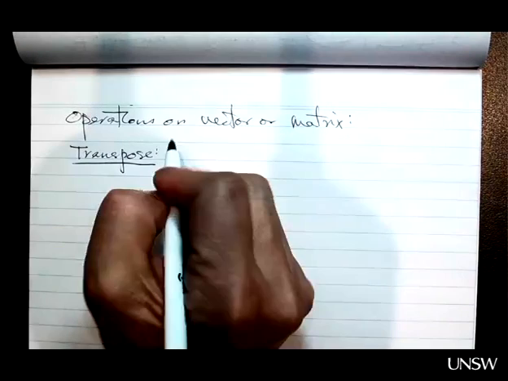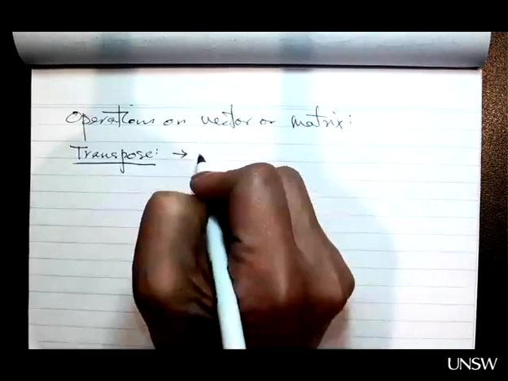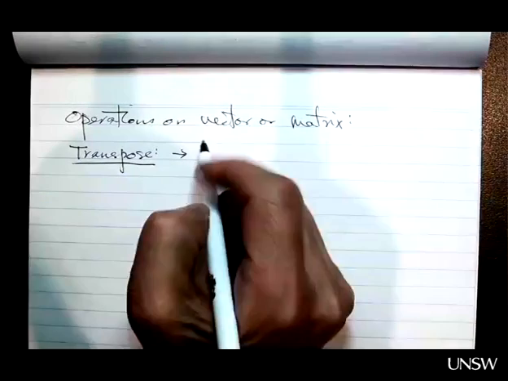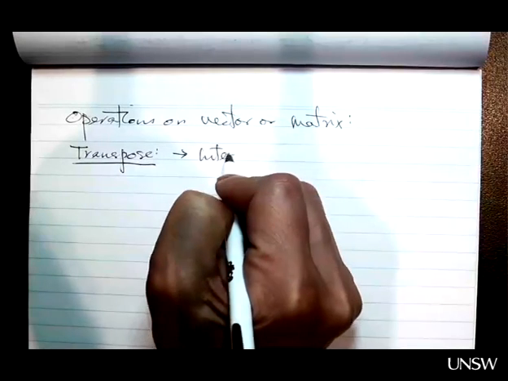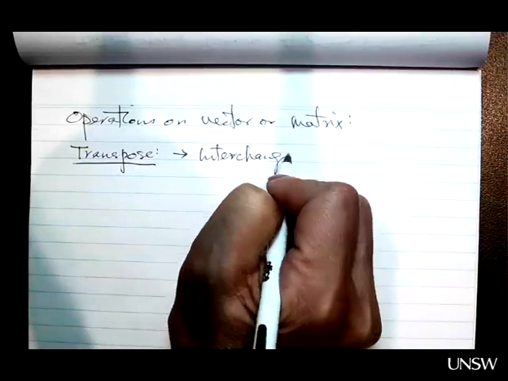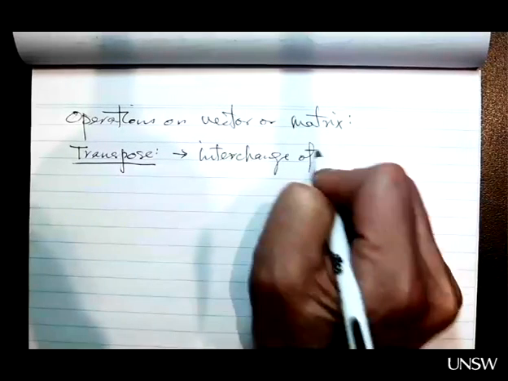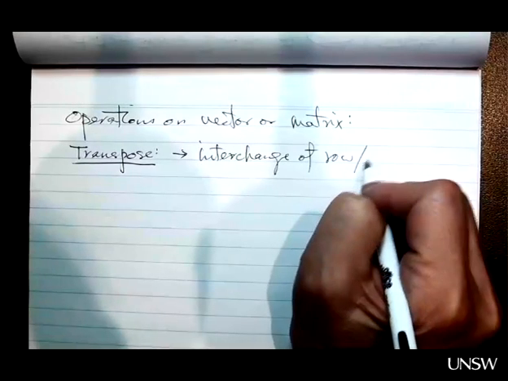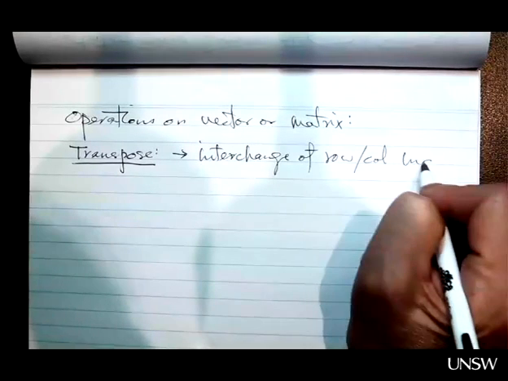So we can treat it as an interchange of row or column indexes.